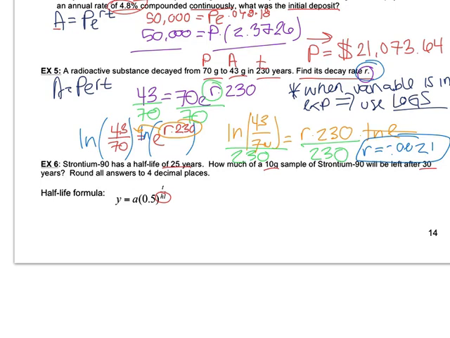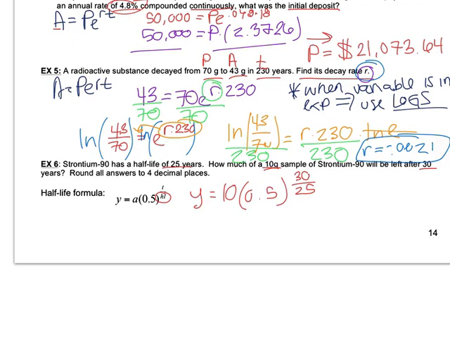So that means we know the starting amount, which means y equals 10 grams of strontium times 0.05 after 30 years, so that t equals 30. So I'm going to plug 30 in there, divided by the half-life of 25. So that's all of our information plugged in to the half-life formula.